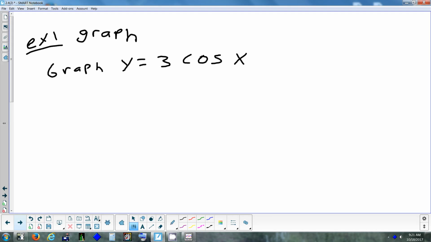I agree, it is an amplitude change. And how do you know that? Because the 3 is right next to the cosine. Right, you're multiplying by a number in front. Okay. So that's an amplitude change. Okay. So let's make our table. For an amplitude change, how about Cameron? What values stay the same? The x values. Zach, can you remind me what my x values are from the original table?